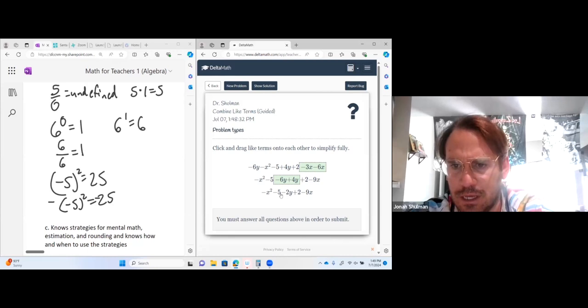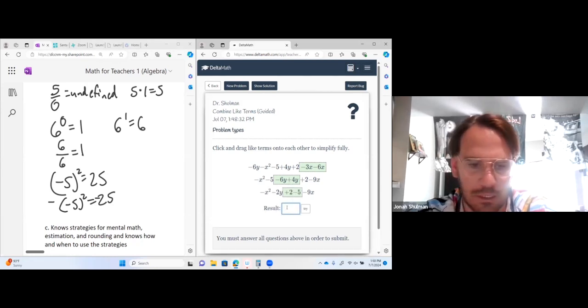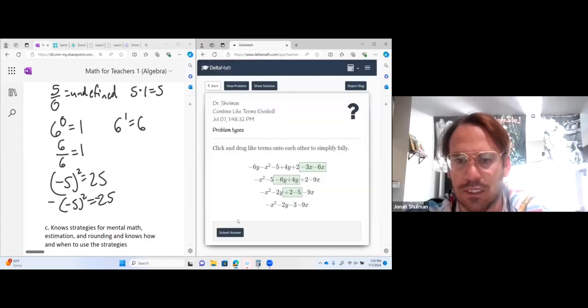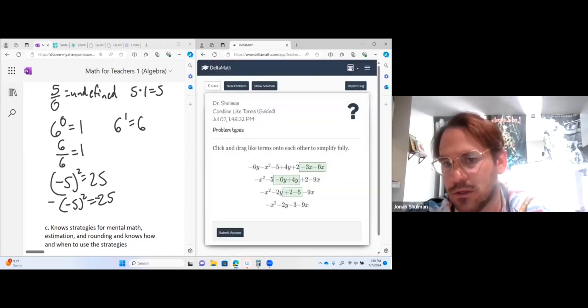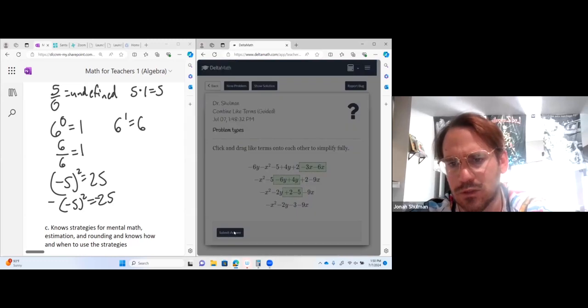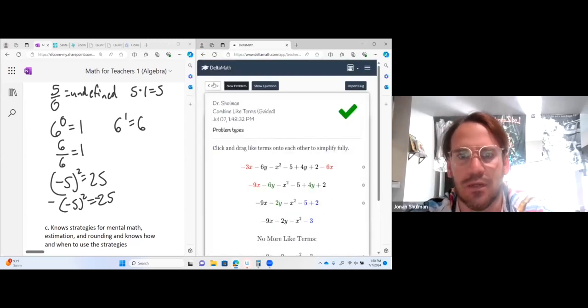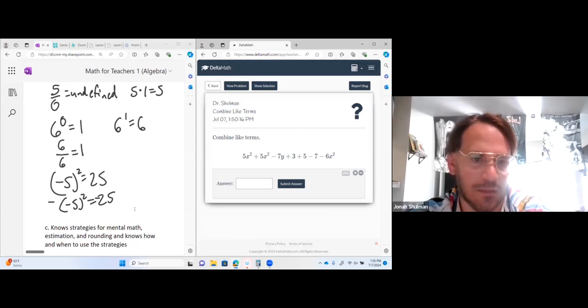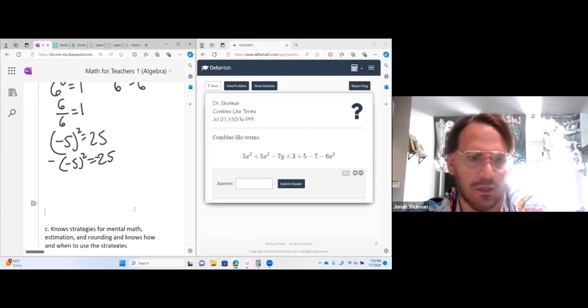All right, we have this one and this one, which is going to be -3. I think that's everything. We combined all the like terms. Yay, the squareds go together, the x's and the y's and the numbers go together. Ta-da! All right, so here's one that's not guided for us.